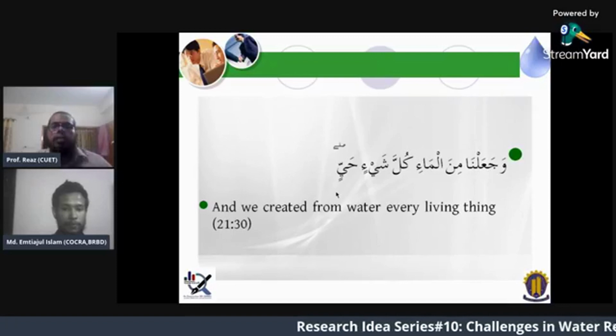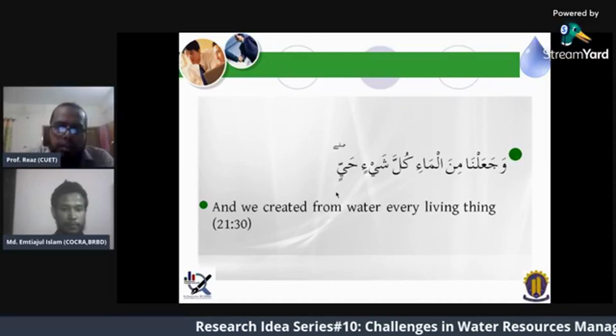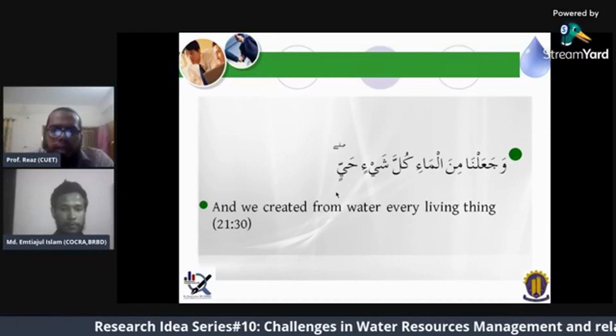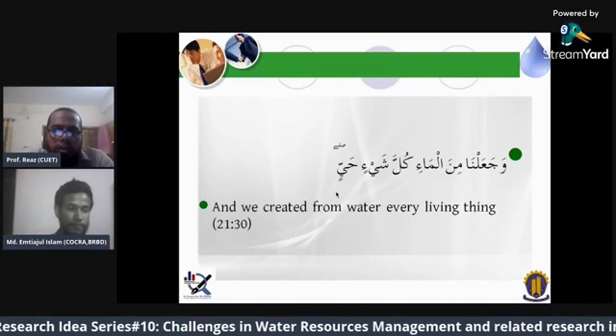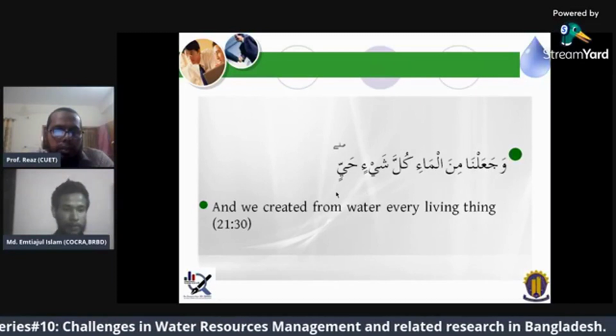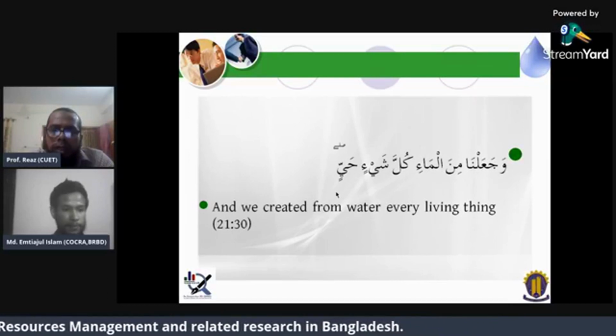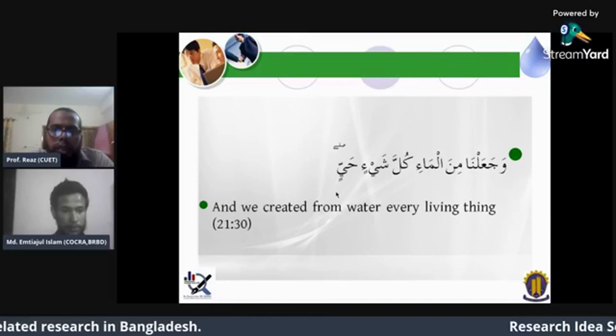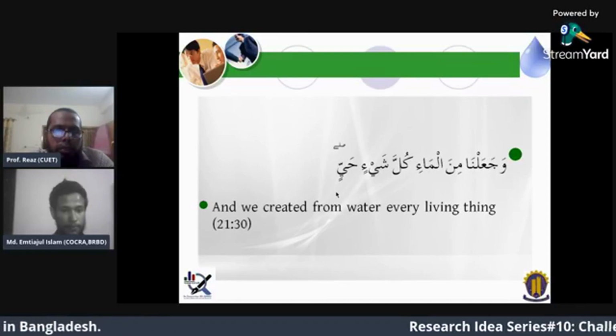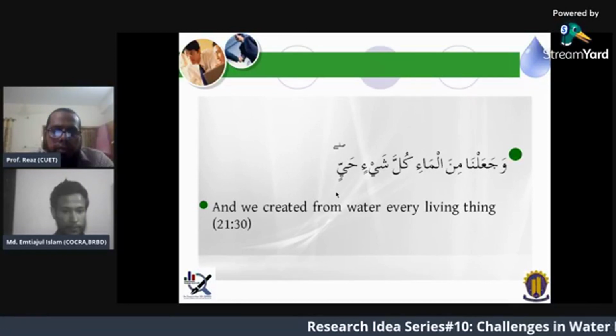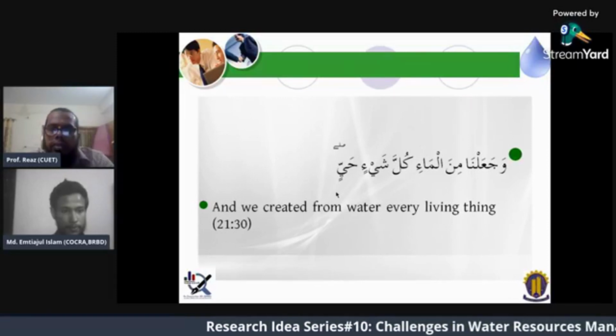Okay, first we can see this is from the Holy Quran. As Allah subhanahu wa ta'ala said in chapter number 21, verse number 30, وجعلنا من الماء كل شيء حي, meaning we created from water every living thing.